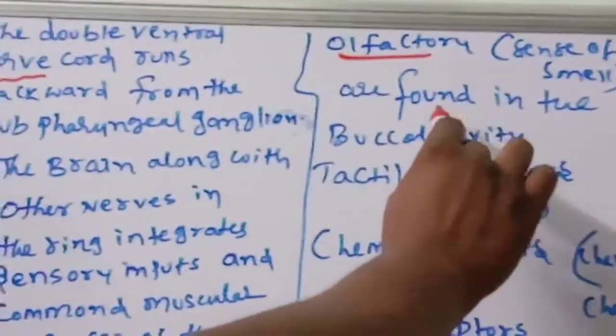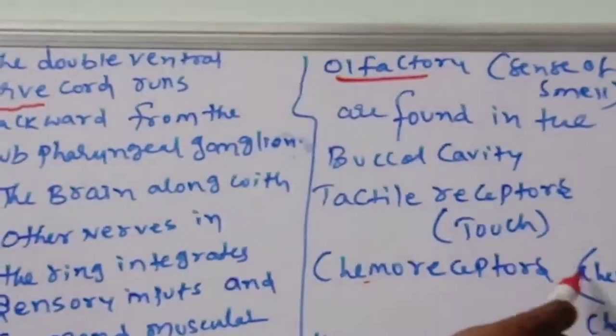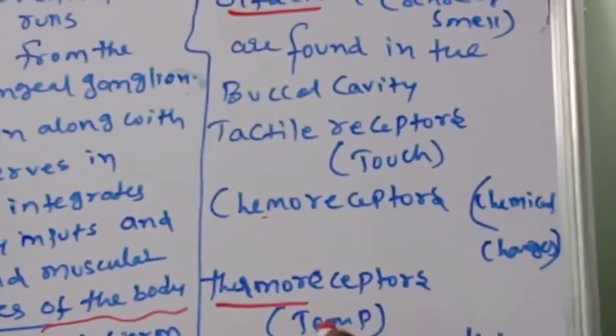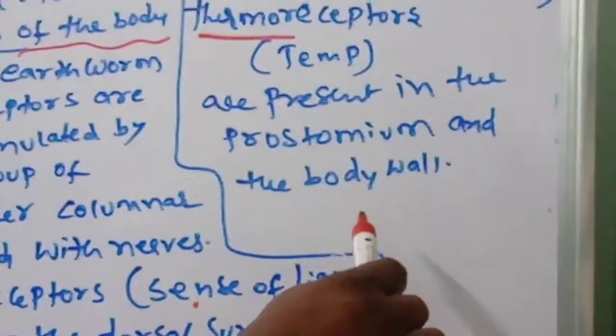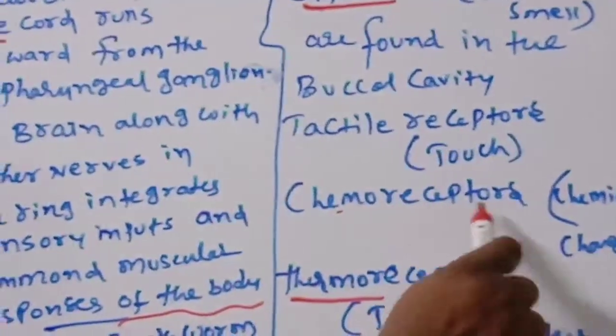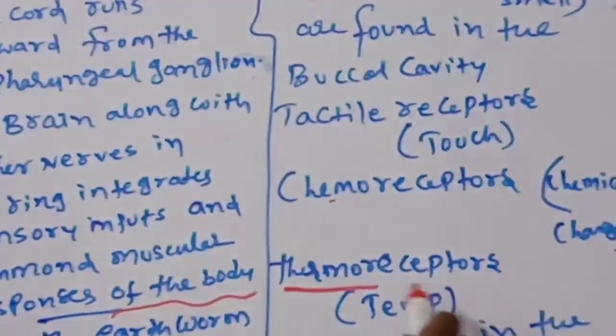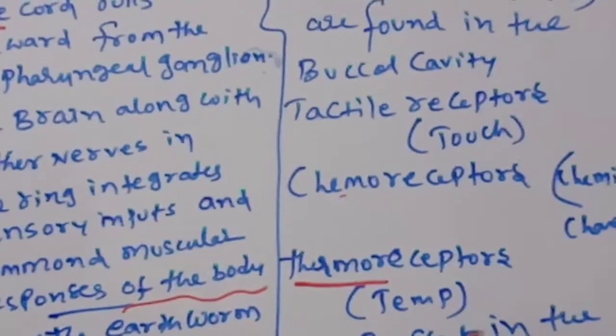Olfactory, sense of smell, found in the buccal cavity. Tactile receptors for touch, chemoreceptors for chemical changes, thermoreceptors for temperature changes are present in the prostomium and the body wall.